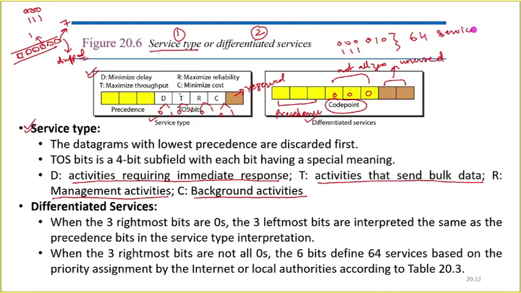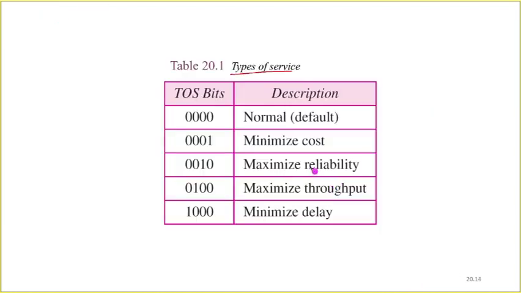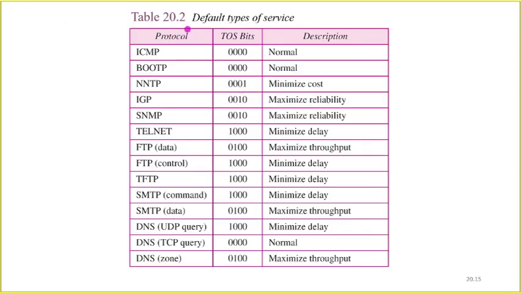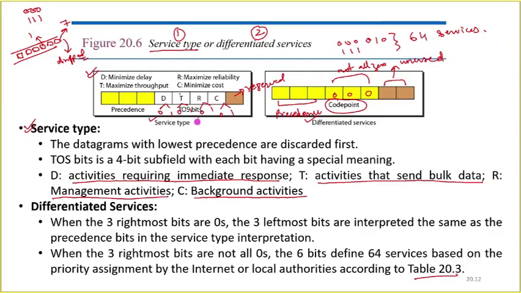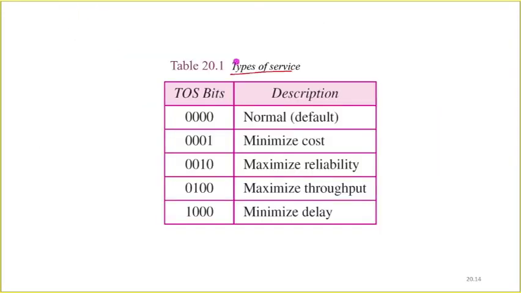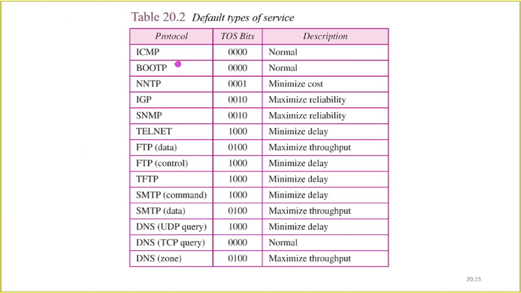What these services are is given in table 20.3. These are also the services for TOS bits. If the 4 bits are 0000, it is basically the ICMP protocol.